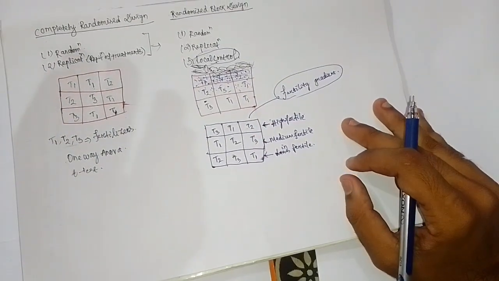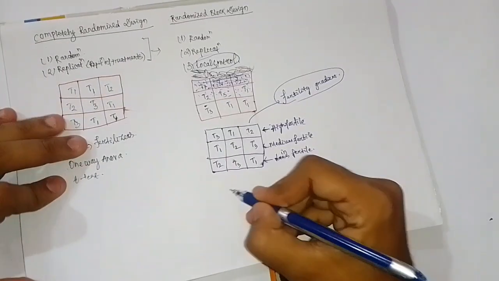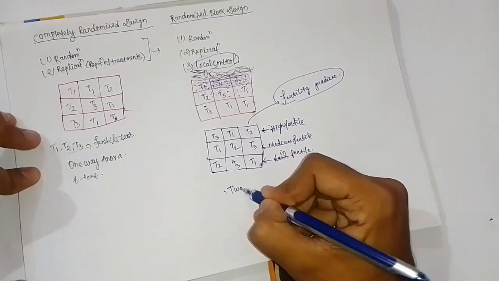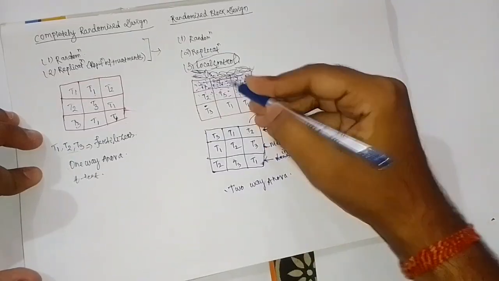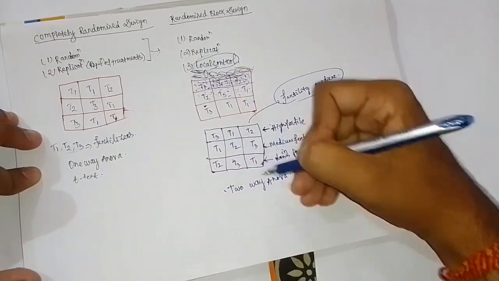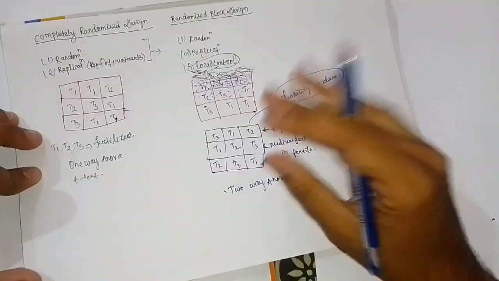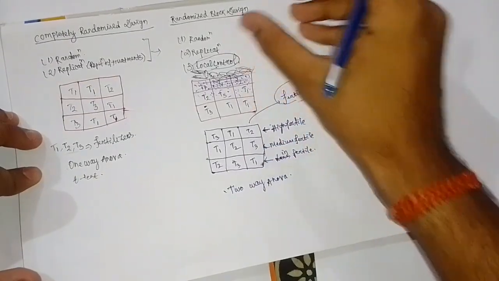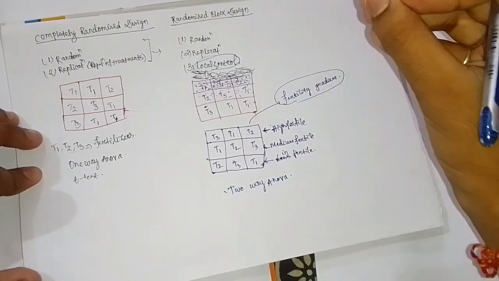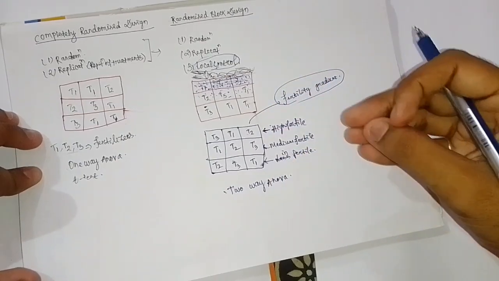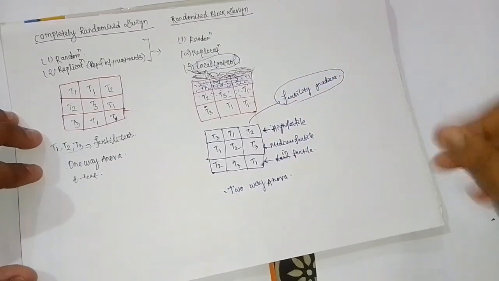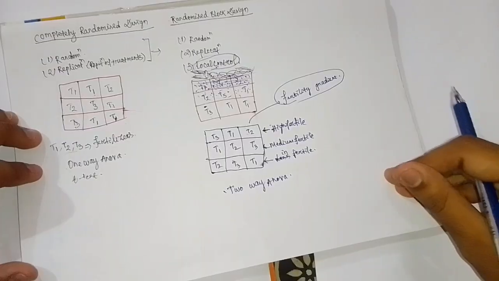Here we also use two-way ANOVA since we have blocks and treatments. We use two-way ANOVA to calculate the variation between the blocks, within the blocks, etc., and we compare our means.